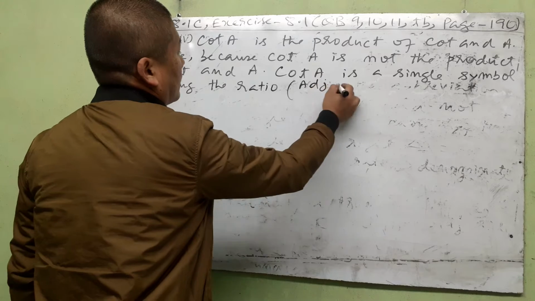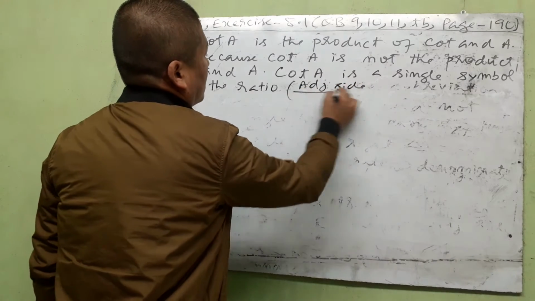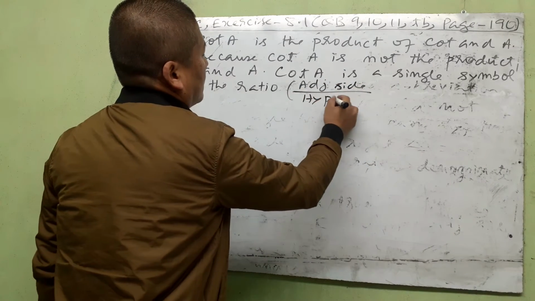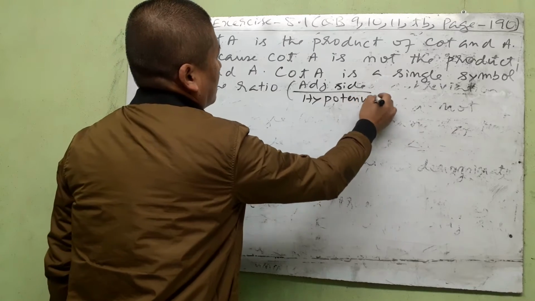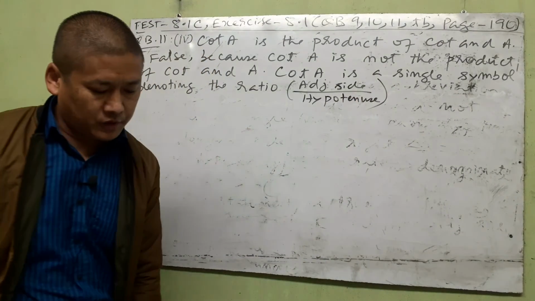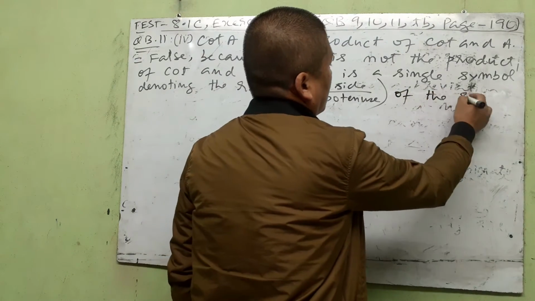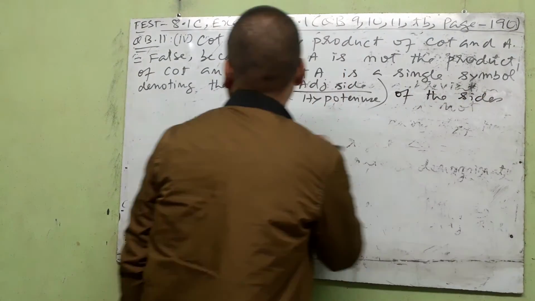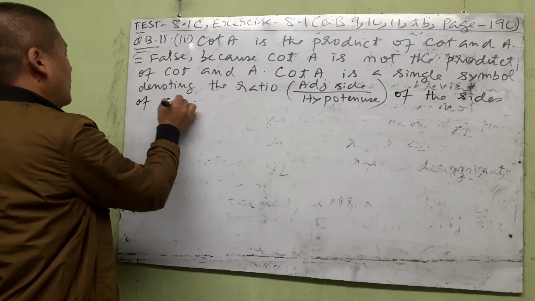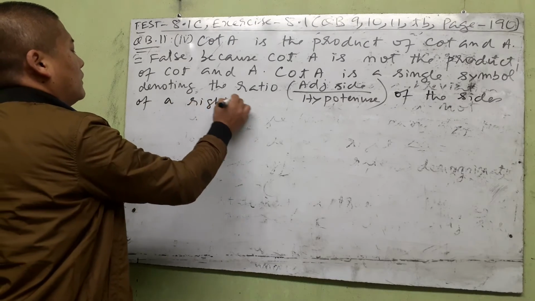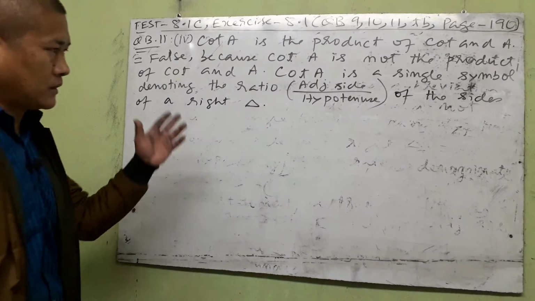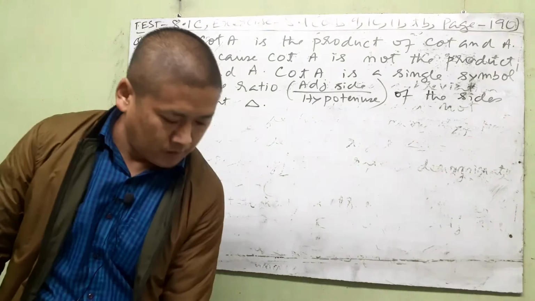Adjacent side by hypotenuse. Adjacent side by hypotenuse of the sides of a right triangle. It's not a product, it's a symbol, single symbol, right?